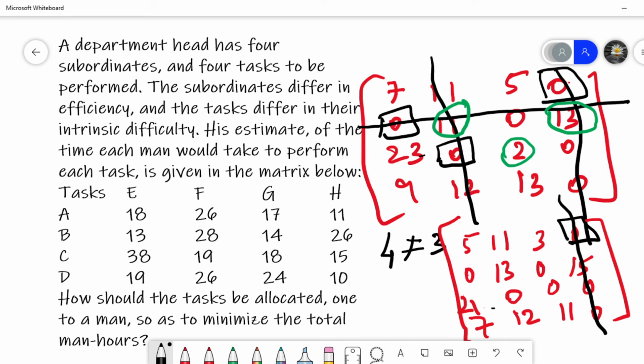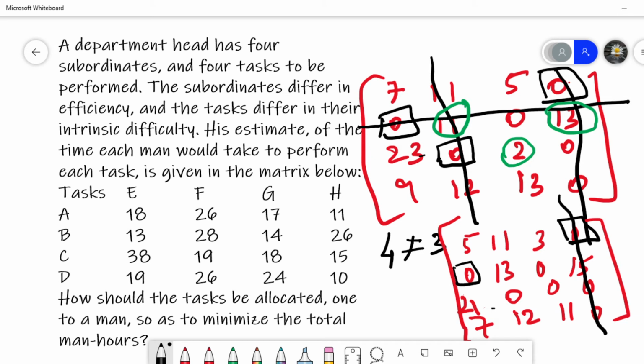Okay. Now check whether all the zeros are covered or not. No. Here 4 zeros are remaining. So we are going to do the column scanning. Okay. So this is the first column. In the first column, we are having only 1 zero. Okay.